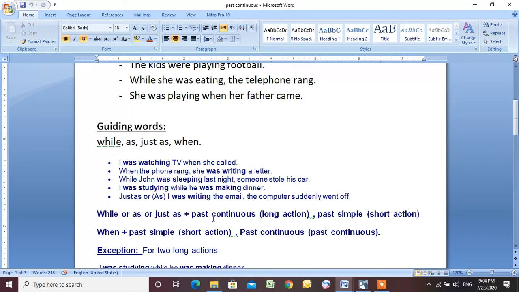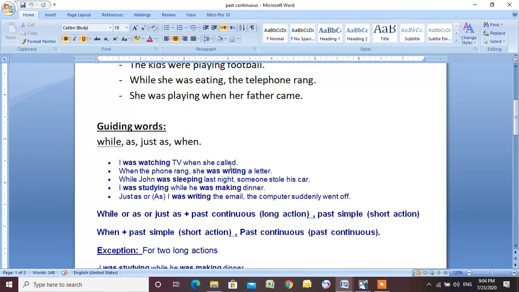After them I put past continuous because it will be the long action, and then in the other sentence I put past simple because it's the short action that will interrupt this long action. With when is the opposite. I put past simple after when because it's the short action, and in the other sentence I put past continuous because it's the long action.